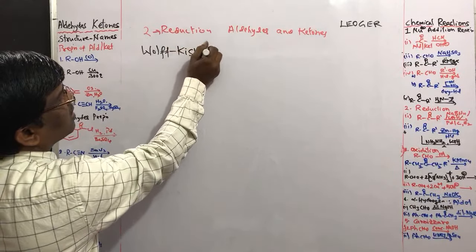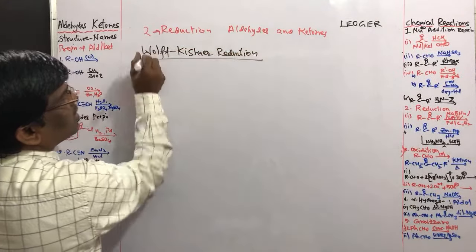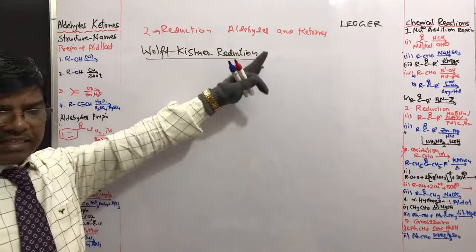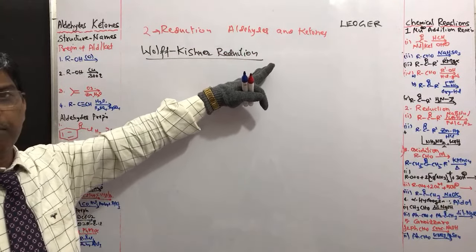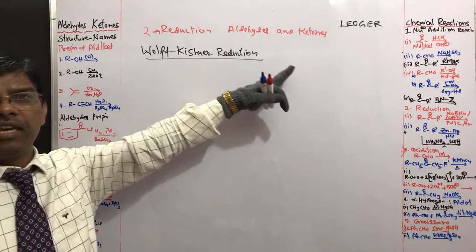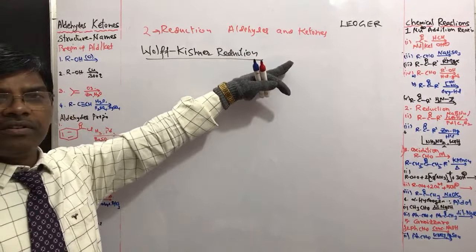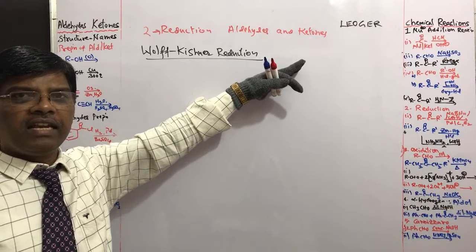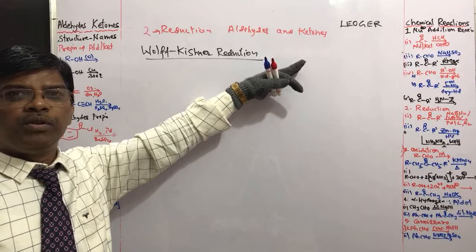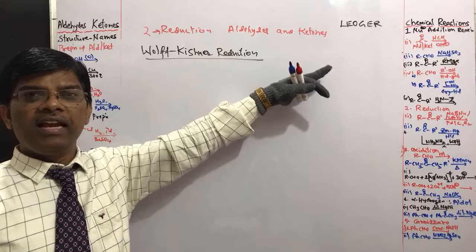Wolff-Kishner reduction. Dear students, don't worry, this is a specific chapter that I am teaching for those who are preparing for JEE and NEET, right? Other videos are going to be made, and there are a number of videos in Venus Academy for those preparing for CSIR NET, GATE, BARC and IIT JAM.